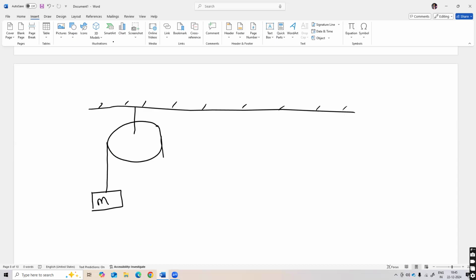And again these strings come here, and there is a pulley here. This is going up. Again there is a pulley which is, let's say, connected at the top. Again this string comes down.